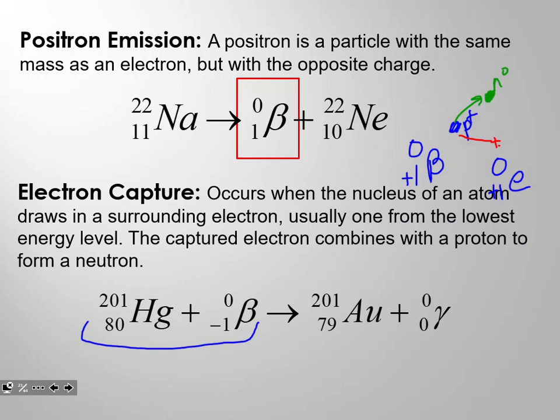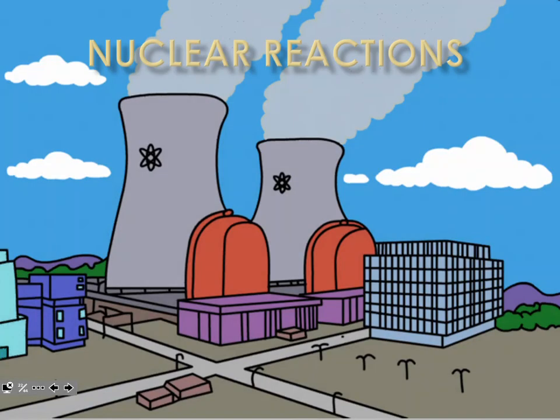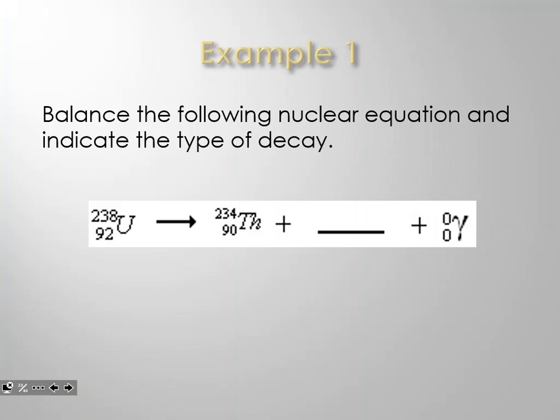That's also why the mass number does not change: the proton that was lost is now in there as a neutron, so the mass number stays the same. And the electron it steals is usually one closer to the nucleus, because it can easily be put into the nucleus. So here is our electron capture. You can represent it as the beta particle. So let's do some examples here. Looking at this where they left the blank, what should go there in the blank?